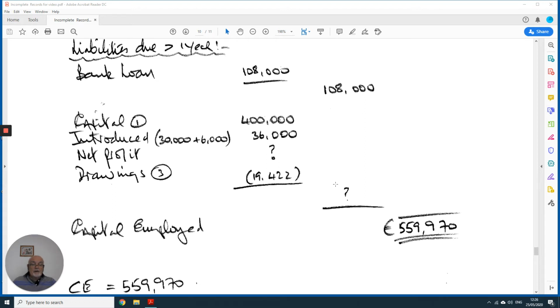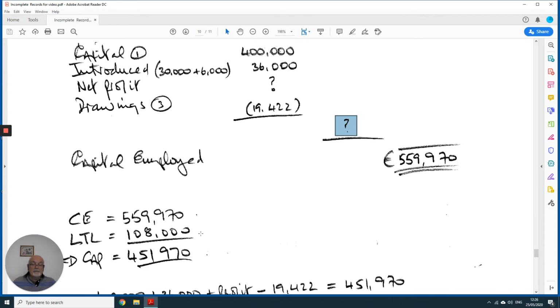So this figure here must be the difference between 559,970 and 108. So capital employed, 559,970, long-term liabilities, 108,000. So this figure here, the capital at the end of the year, must be 451,970.